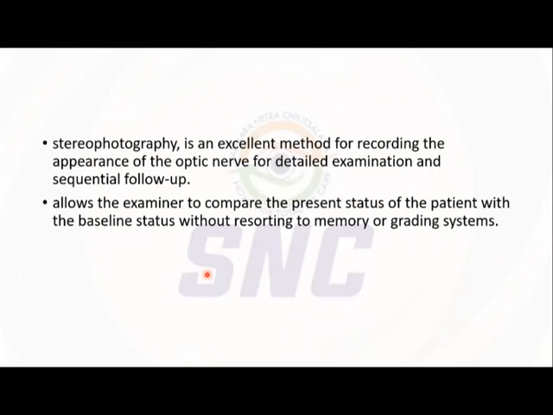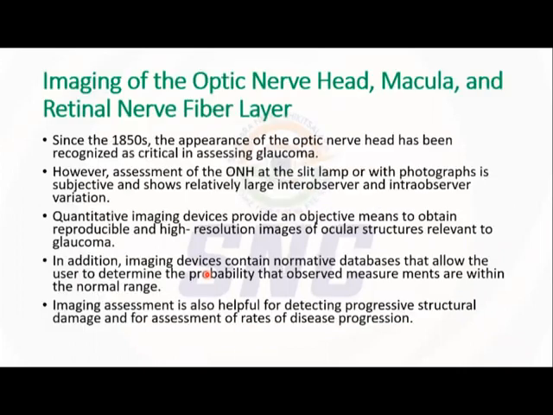Since the 1950s, the appearance of the optic nerve head has been recognized as a critical factor in assessing glaucoma. The assessment of the optic nerve with the slit lamp or with photographs is subjective and shows relatively large inter-observer and intra-observer variation.